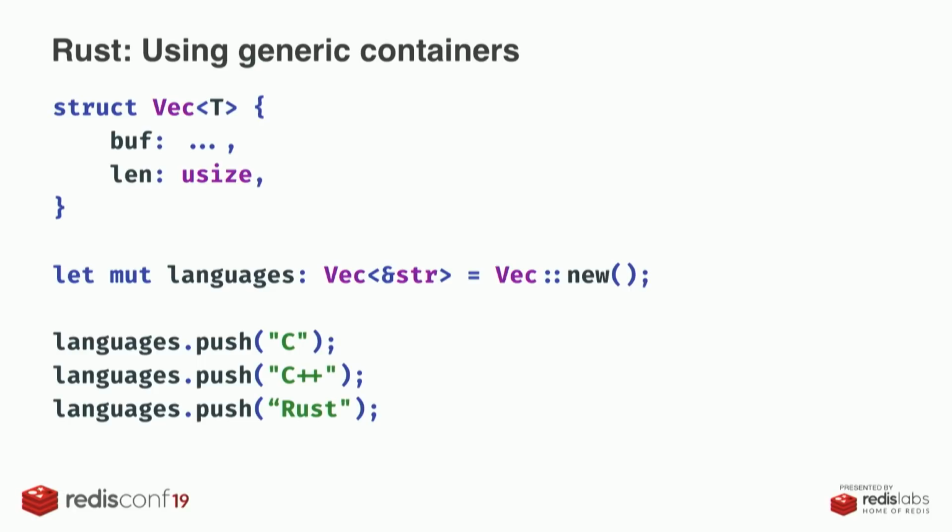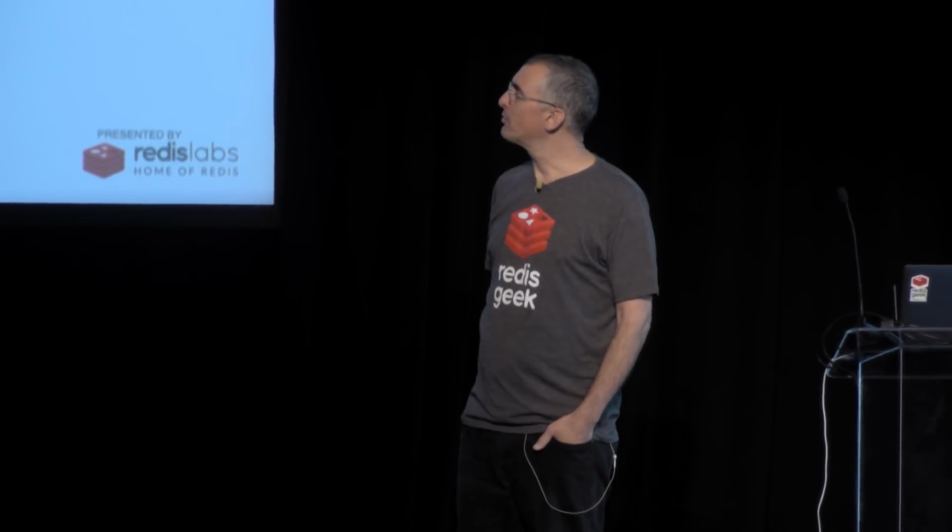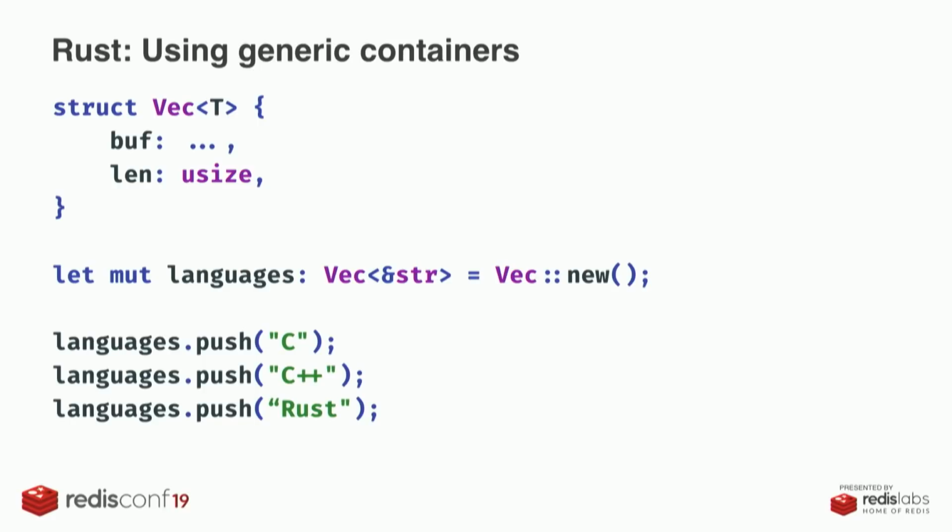It's a vector of string references. And we initialize it as a new vector. Rust doesn't have a new keyword. It just has the convention that constructors are named new. And then we insert 3 values into this vector. And now we have a vector with the 3 string references inside it.